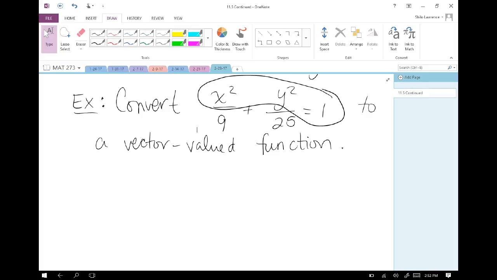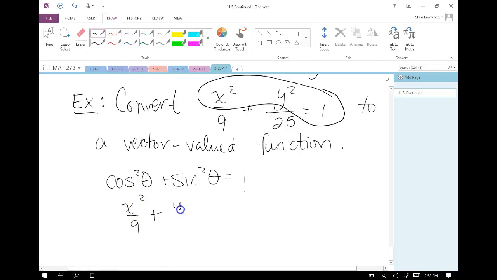There's only one trig identity where a sum equals 1. So this is going to match up with, I like to do cosine squared first. We're going to try to match these guys up. Cosine squared plus sine squared equals 1. That is a trig identity. Our equation says x squared over 9 plus y squared over 25 equals 1.